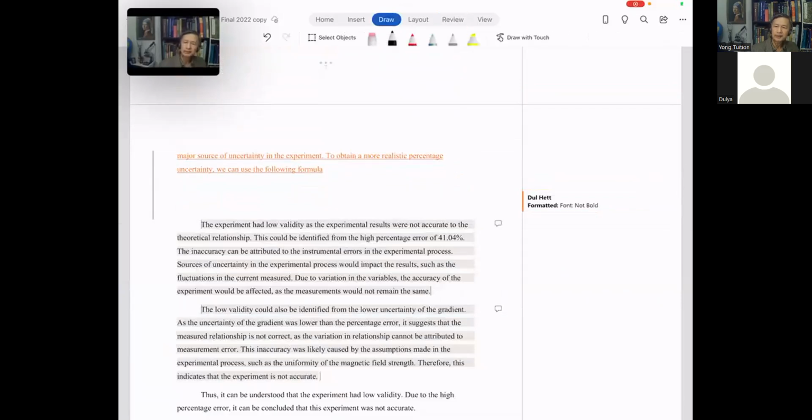So that is percentage error equal to m minus m prime. Okay, you can use wording.